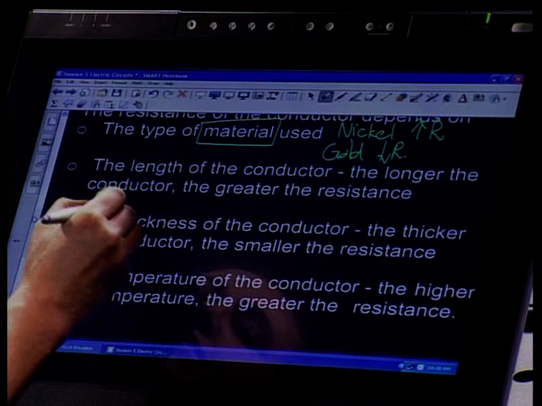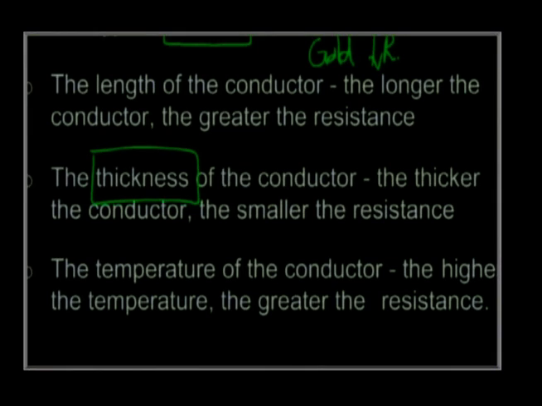Third one, the thickness. If I have an extremely thin resisting wire, then I will notice that it offers a high resistance, and it is most likely going to heat up very quickly. If I increase the thickness of the wire, it will not heat up that quickly, and the resistance should remain lower.